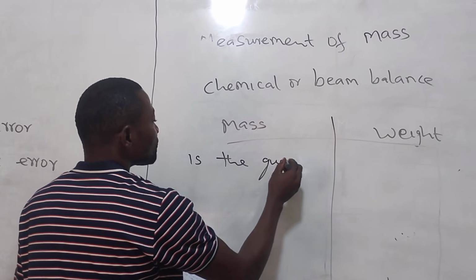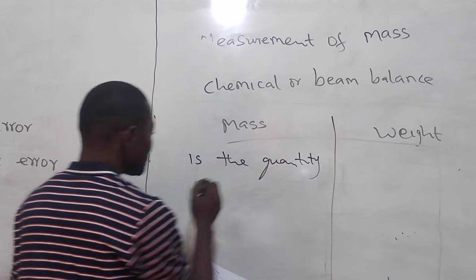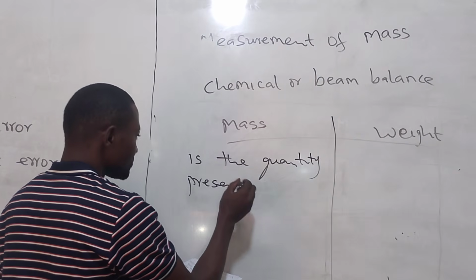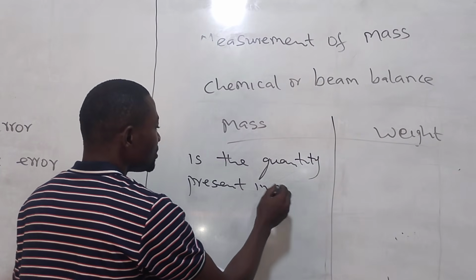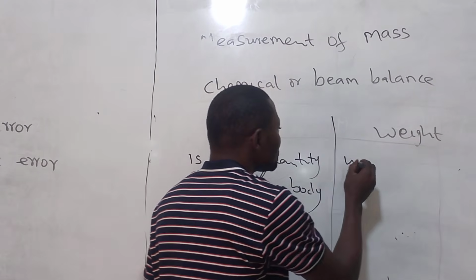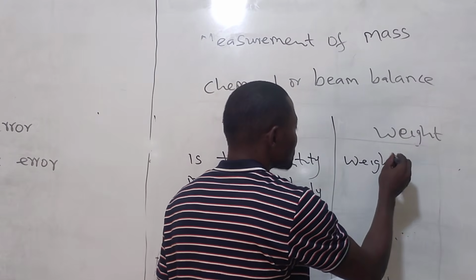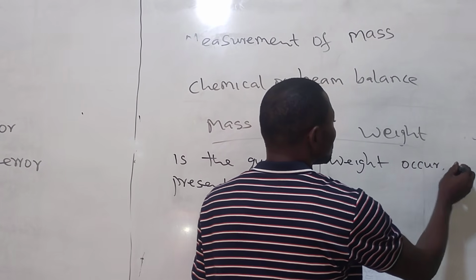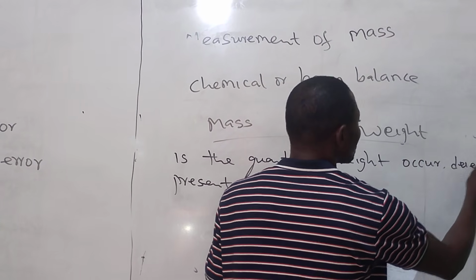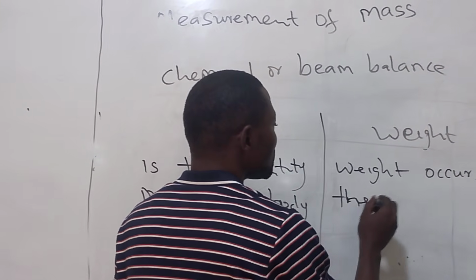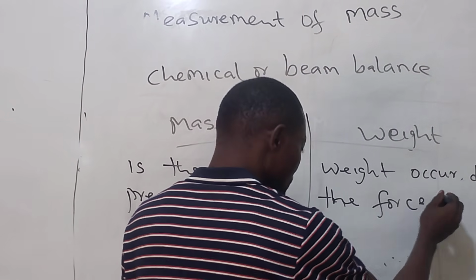Mass is the quantity of matter present in a body, while weight occurs due to the force of gravity.